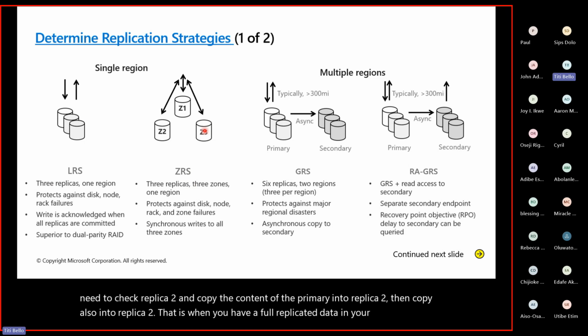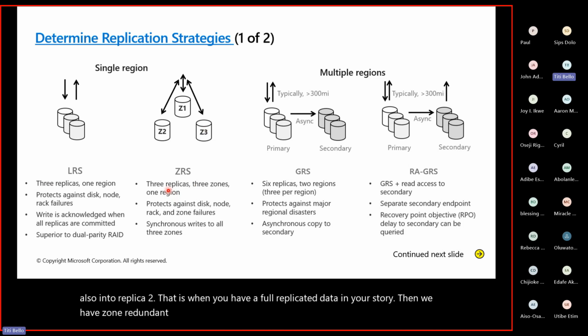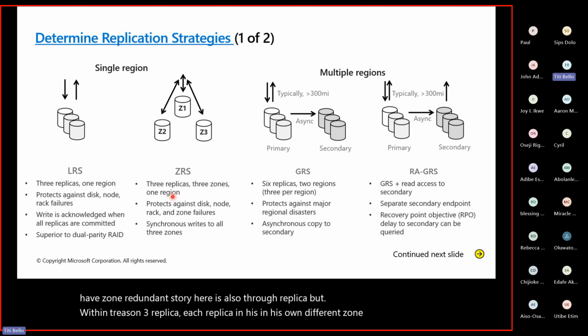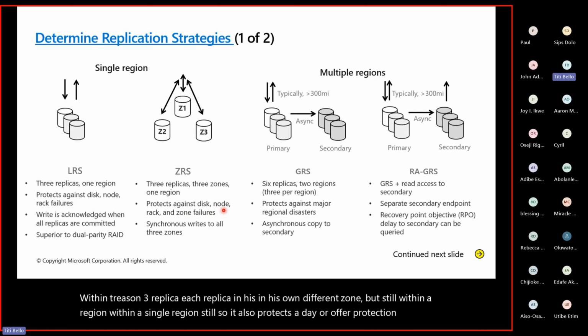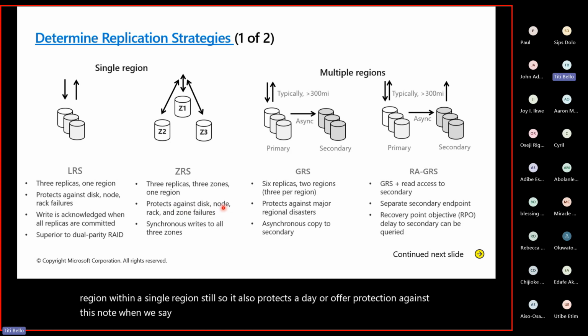Then we have zone redundant storage. Here there are also 3 replicas, but within 3 zones, each replica in its own different zone, but still within a single region. So it offers protection against disk, node, rack, and zone failure. When we say node, it is the server itself.